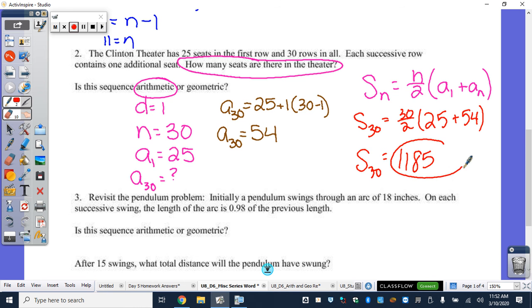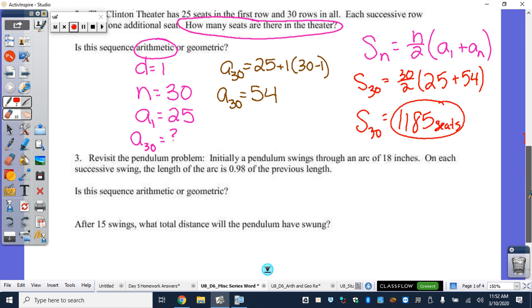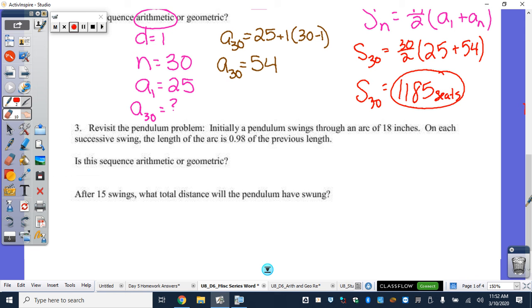So again, figure out what kind of sequence you're dealing with, then you know your formulas.